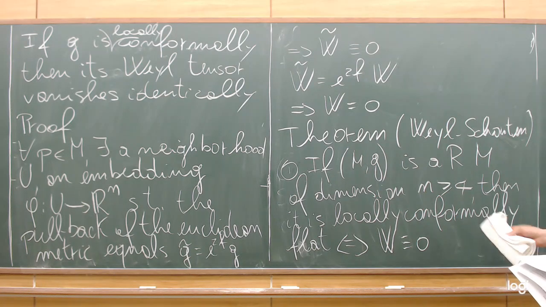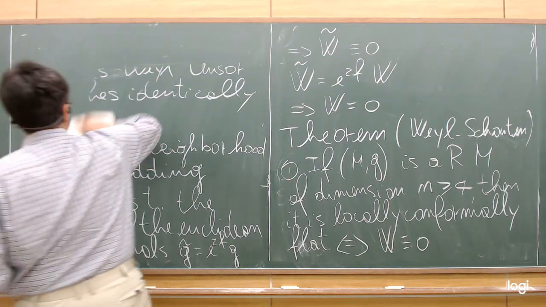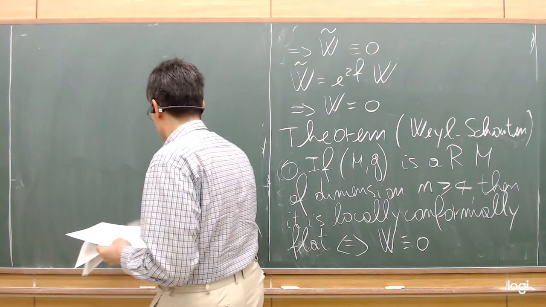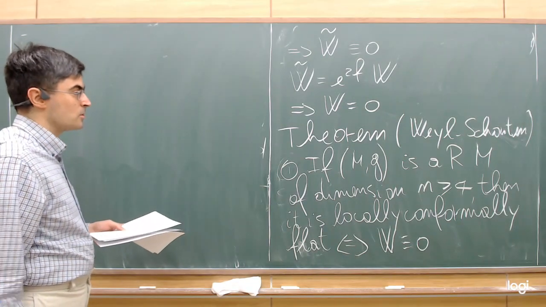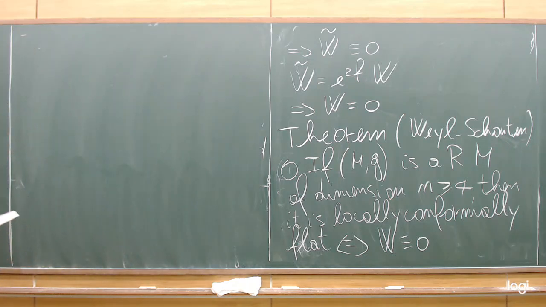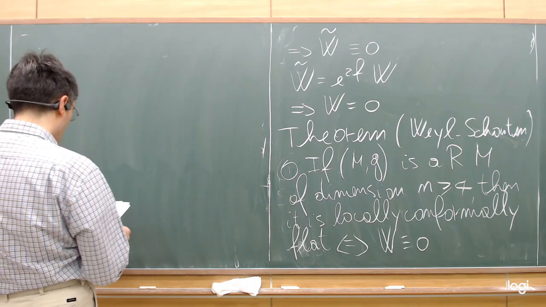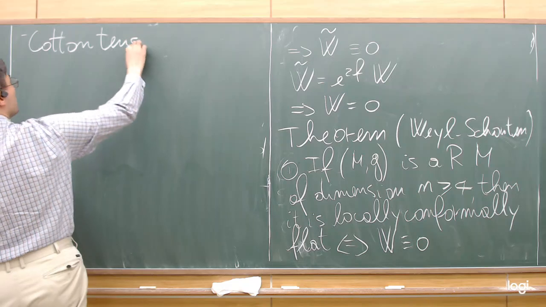What happens if n is equal to 3? If n is equal to 3, W is always 0, so we have to introduce another tensor known as the Cotton tensor.